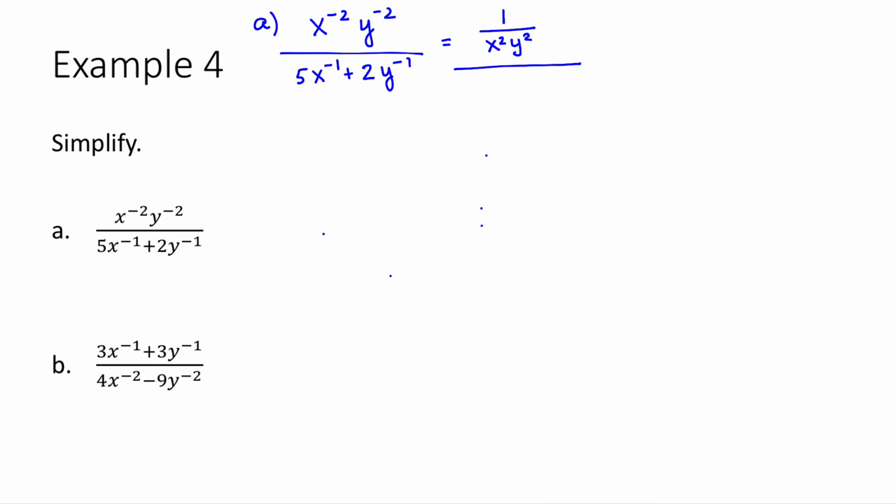All right, in the denominator, I have two separate terms. So I'm going to get 5 over x plus 2 over y. And at this point, I want to figure out, well, what is the LCD of all of these individual terms?